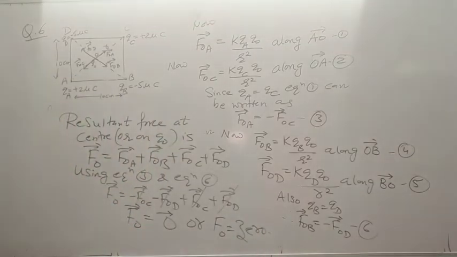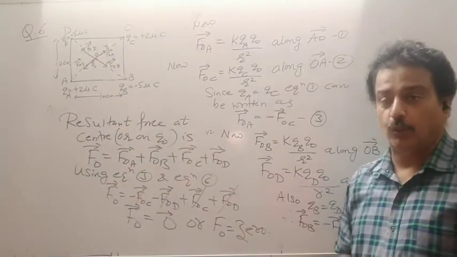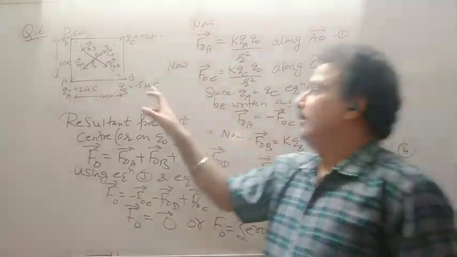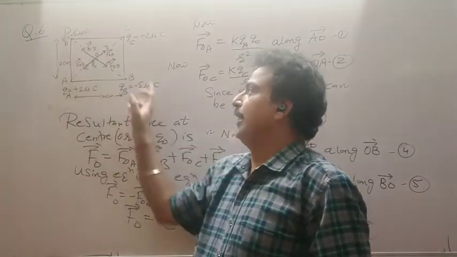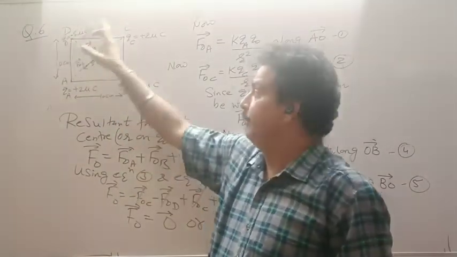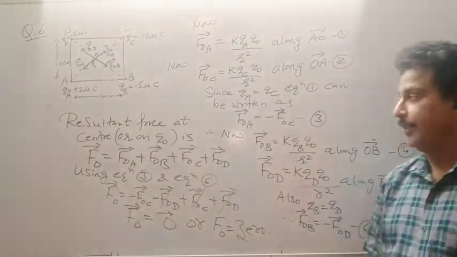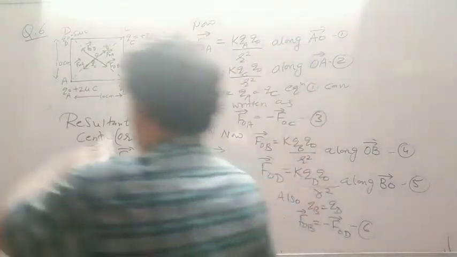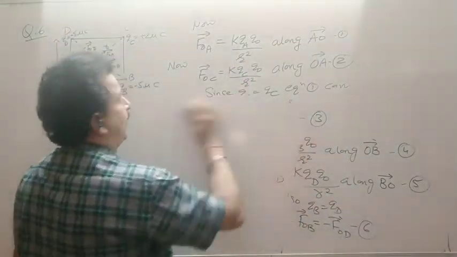So the resultant force acting on the charge at the center is 0 because the diagonals have the same polarity. So both were negative, magnitude were also same. Here also both were positive and the magnitude were same. So orally you can find out the resultant force in this numerical.